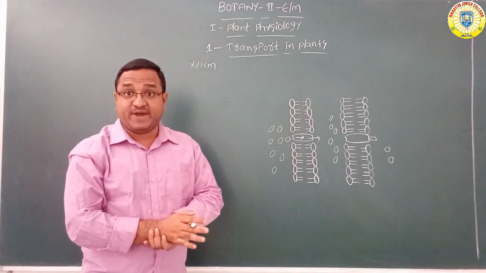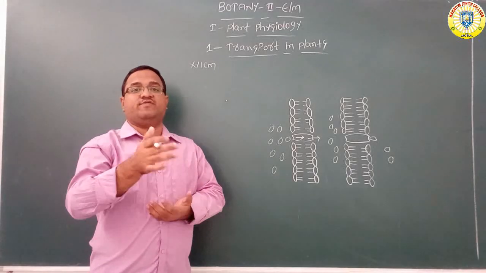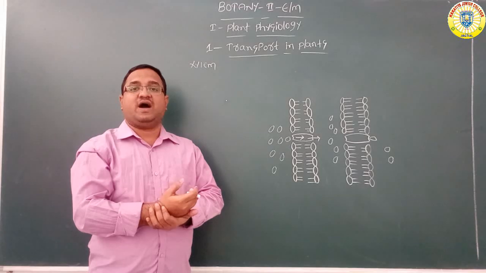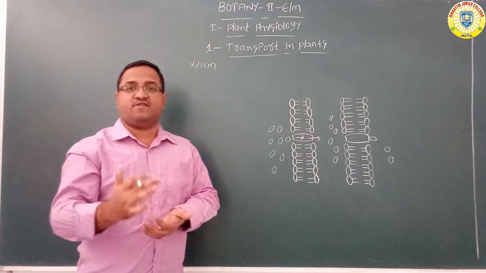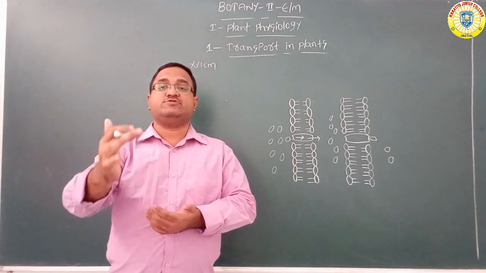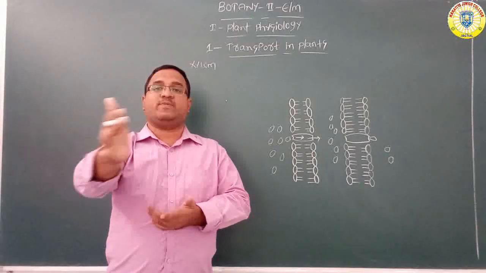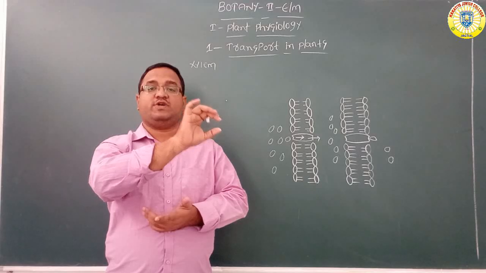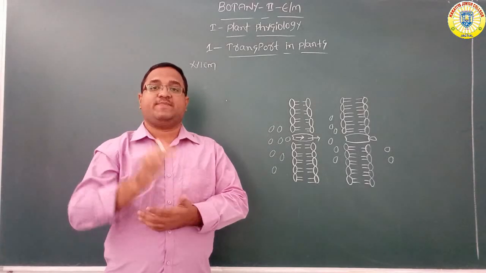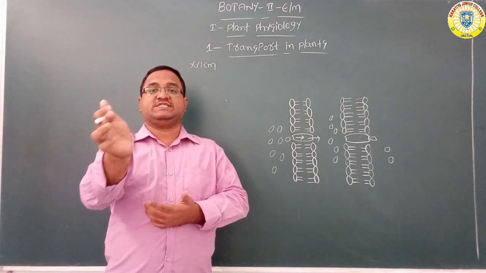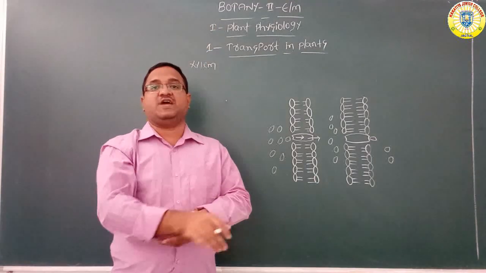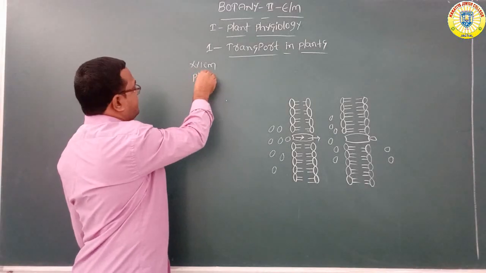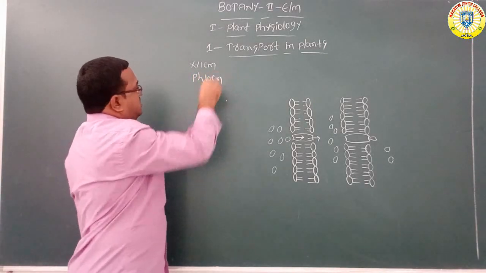But what about the prepared food? Already you know where the food is prepared: in the leaves, during photosynthesis. From the leaves, the prepared food is transported to the remaining parts with the help of the phloem.